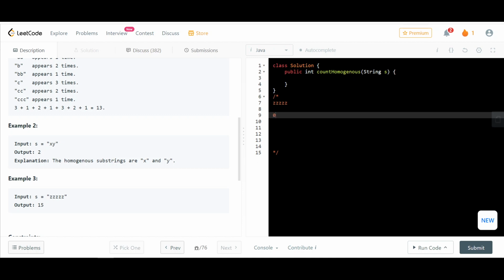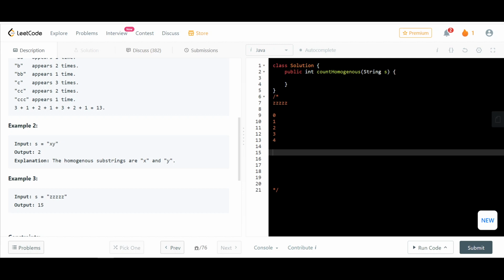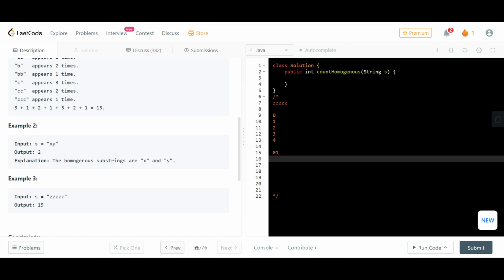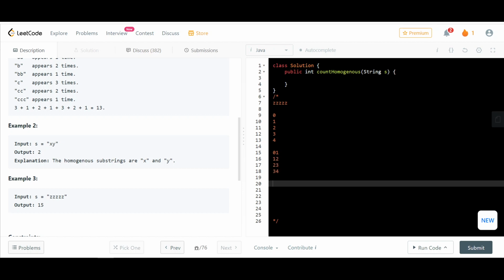So first it is just one length, so 0, 1, 2, 3, 4, and then two length will be 0-1, 1-2, 2-3, 3-4, and then of length 3.